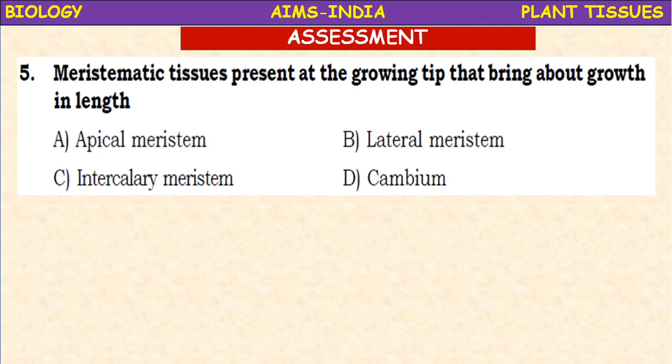The meristematic tissue present at the growing tip of the stem and root that brings about growth in length is the apical meristem.